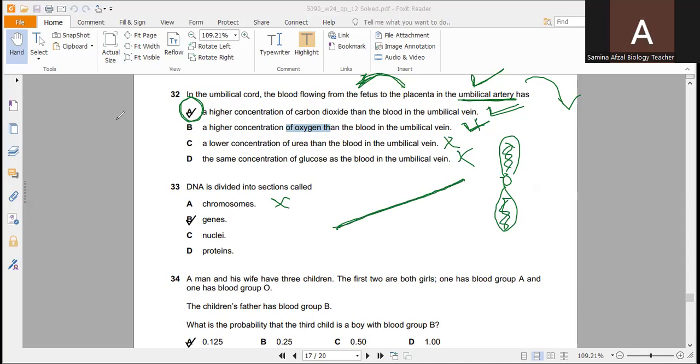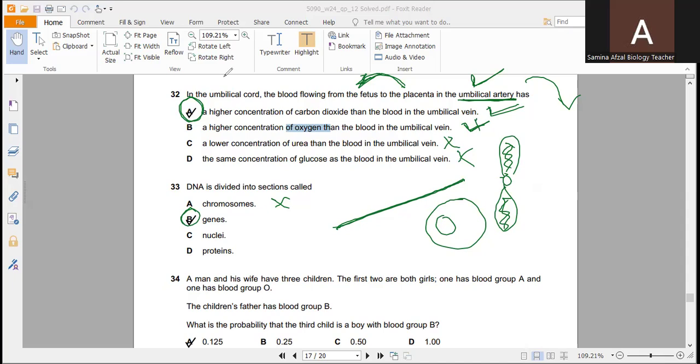Small sections of DNA are called genes, so this is the correct option. Nuclei contain both DNA and chromosomes; inside the cell, the nucleus is there. DNA is not proteins, but DNA helps in protein synthesis: the DNA is copied and then the formation of proteins takes place.